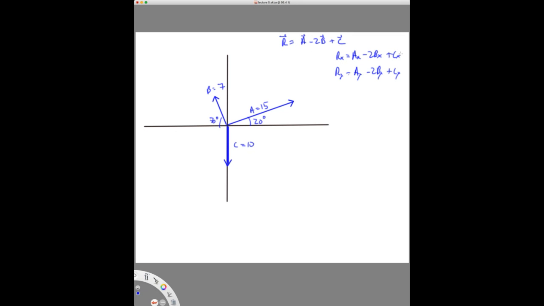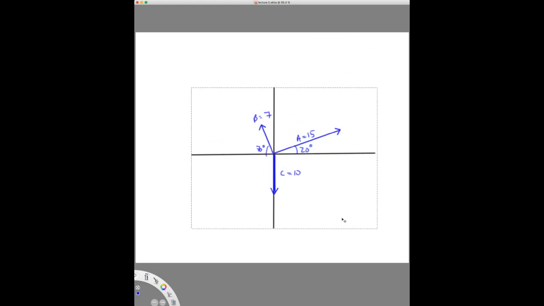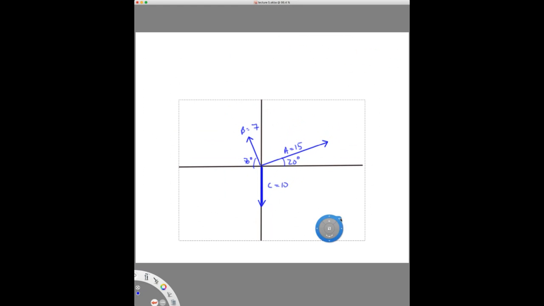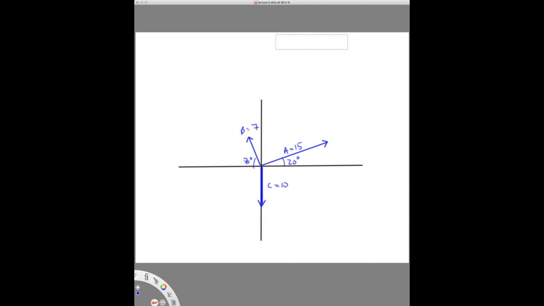Now, graphically, if I want to add these up graphically, I'm going to go to a different page for that so that we have a little more room. And our equation, just so we can see it.